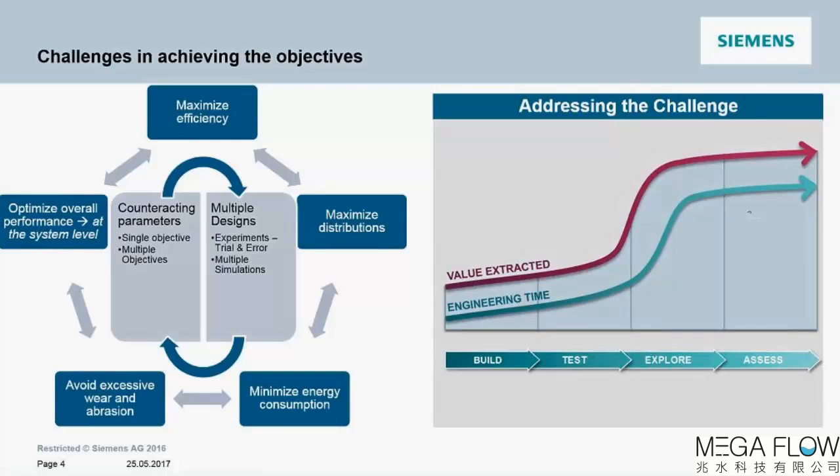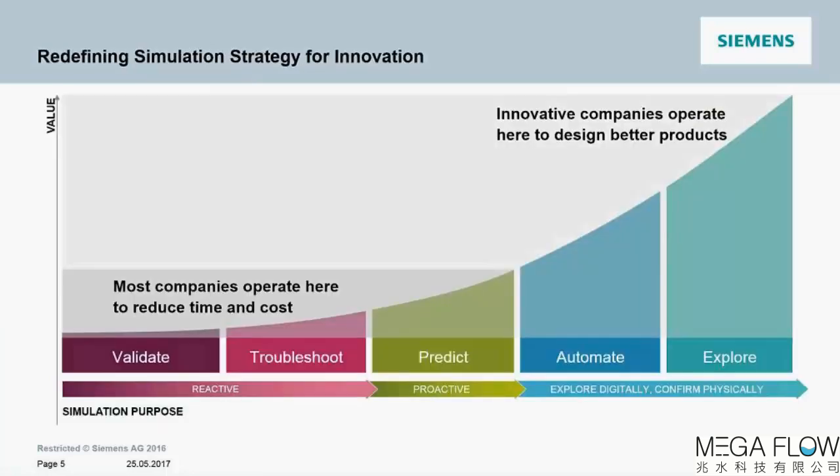Now, if you're already using simulation, be it fluid flow or specifically particulate flows, which is what our topic for today is, then simulations are generally used by many companies to validate a given design or troubleshoot something that is not operating properly, and in many cases also to predict the changes in performance if you make a change in operating condition.